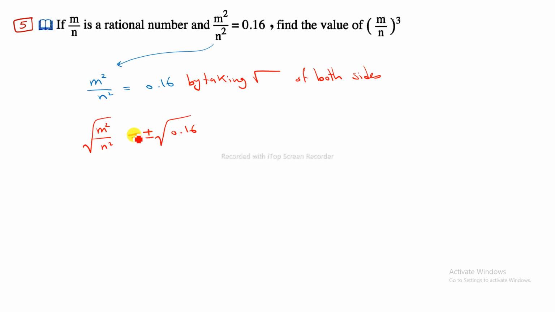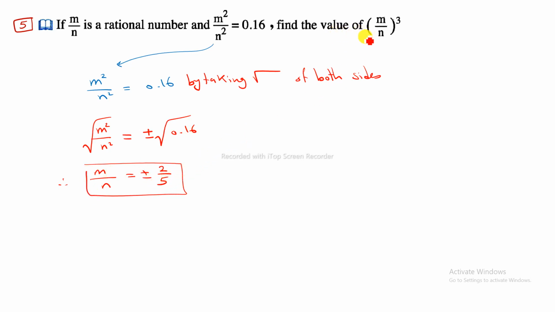Why didn't we do this before? Because before, it was talking about the length of a side of a shape, so the length cannot be negative. Here it says a rational number, meaning the number may be positive or negative. The square root of m power 2 is m, the square root of n power 2 is n, equal to positive or negative square root of 0.16, which is 16 over 100, so 4 over 10, in the simplest form 2 over 5. So we found m over n is equal to positive or negative 2 over 5.